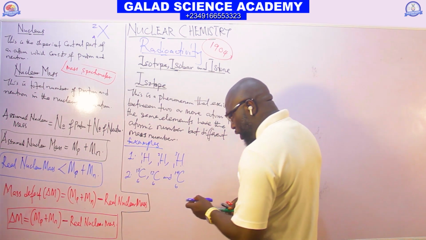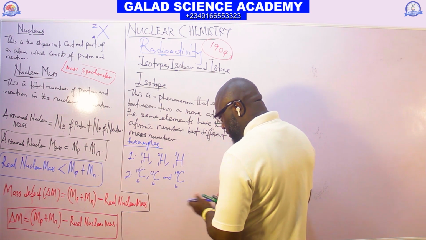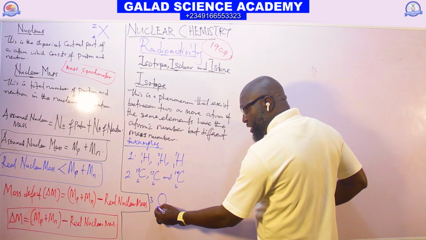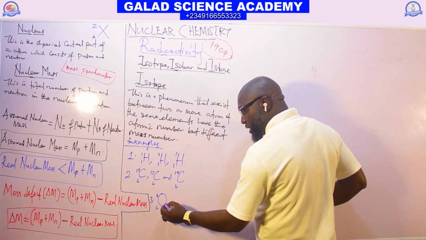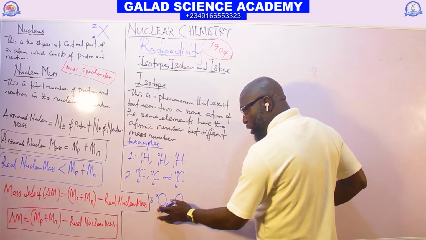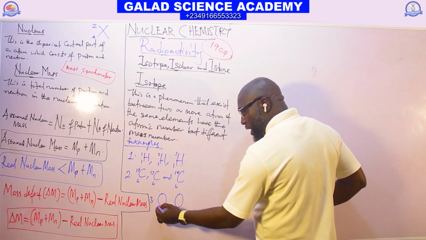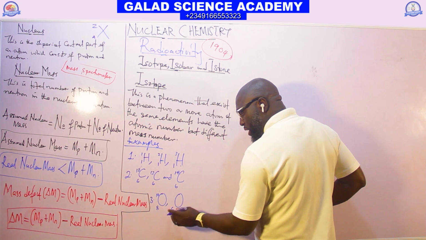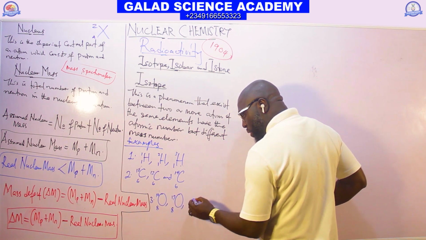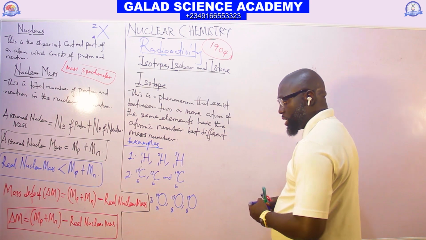Or you can also have it in example 3, where we have oxygen 8 16, oxygen 8 17, and oxygen 8 19.